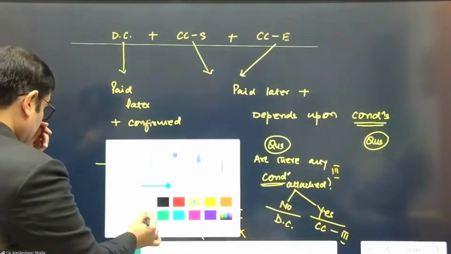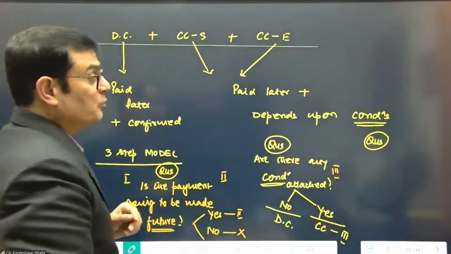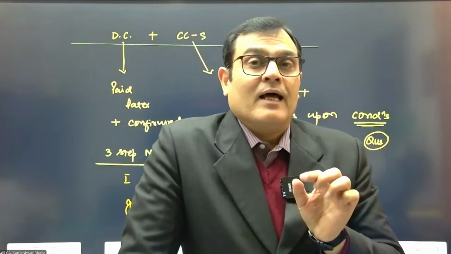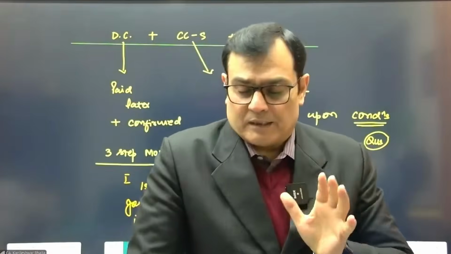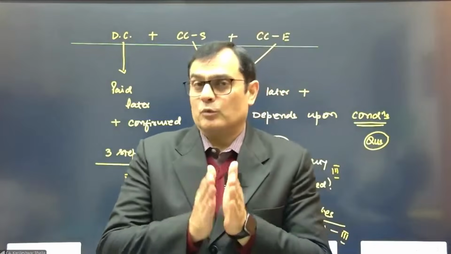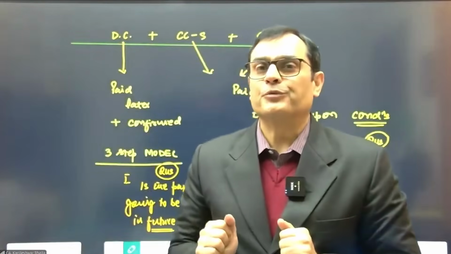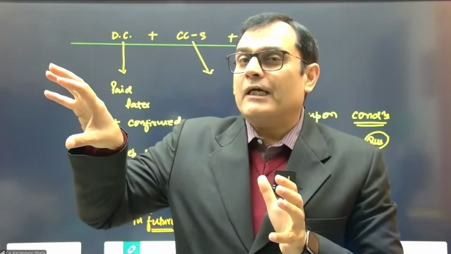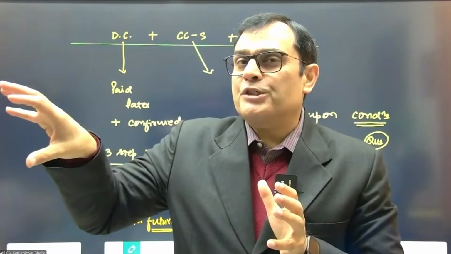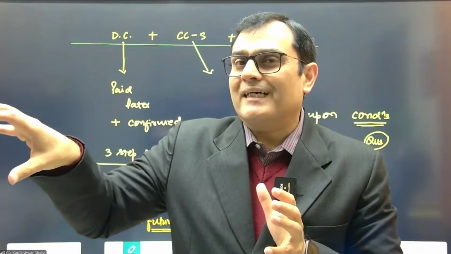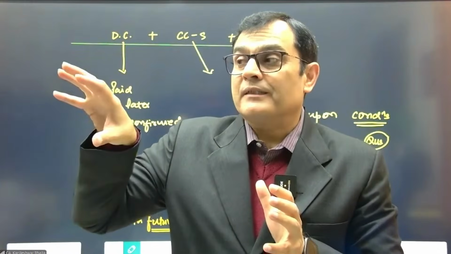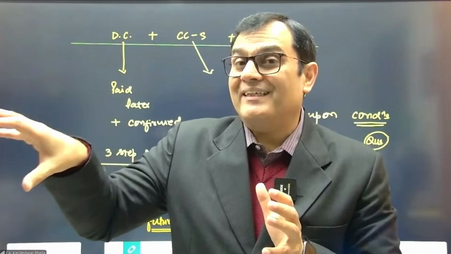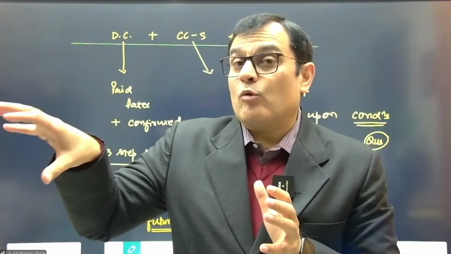Now, in step number 3, we will see what that condition is. Let me also tell you one thing at this stage. When you pay a contingent consideration, one thing you need to keep in the background: the acquirer company approaches the shareholders of the acquiree company to acquire the shares.